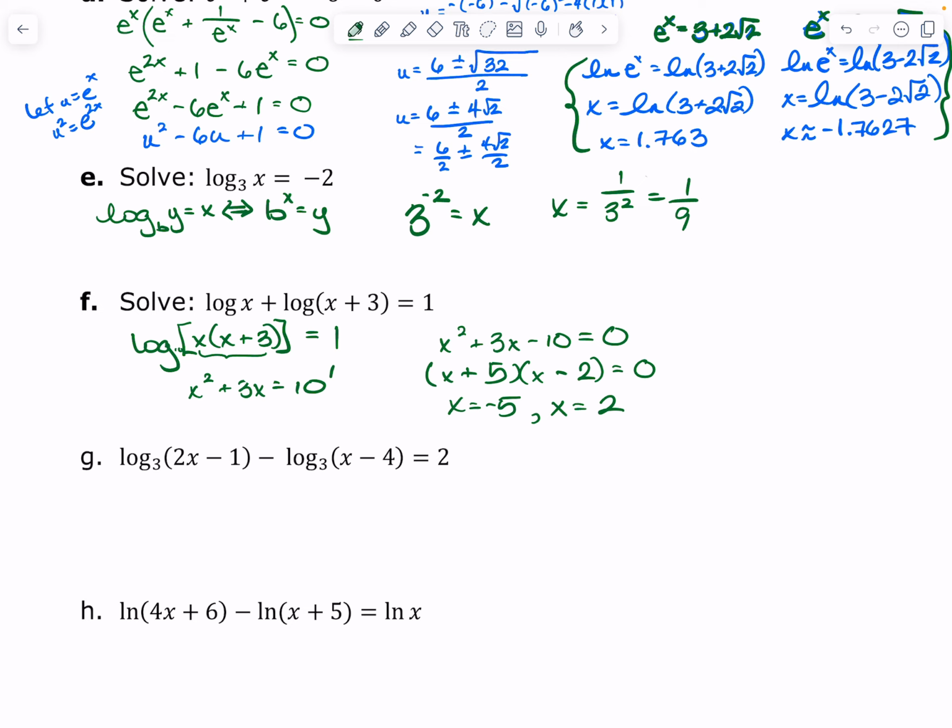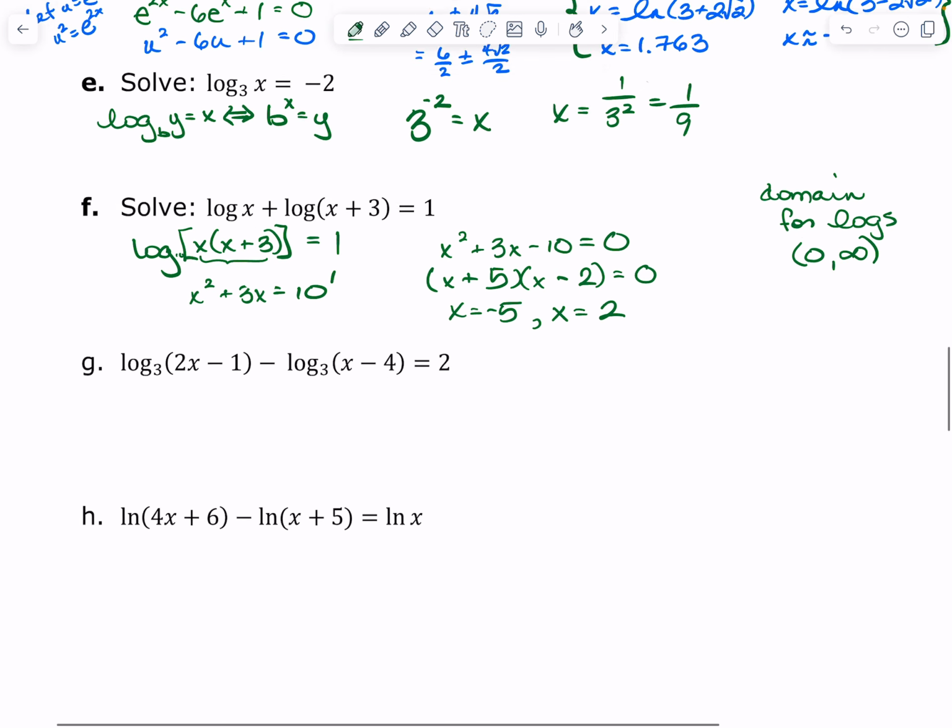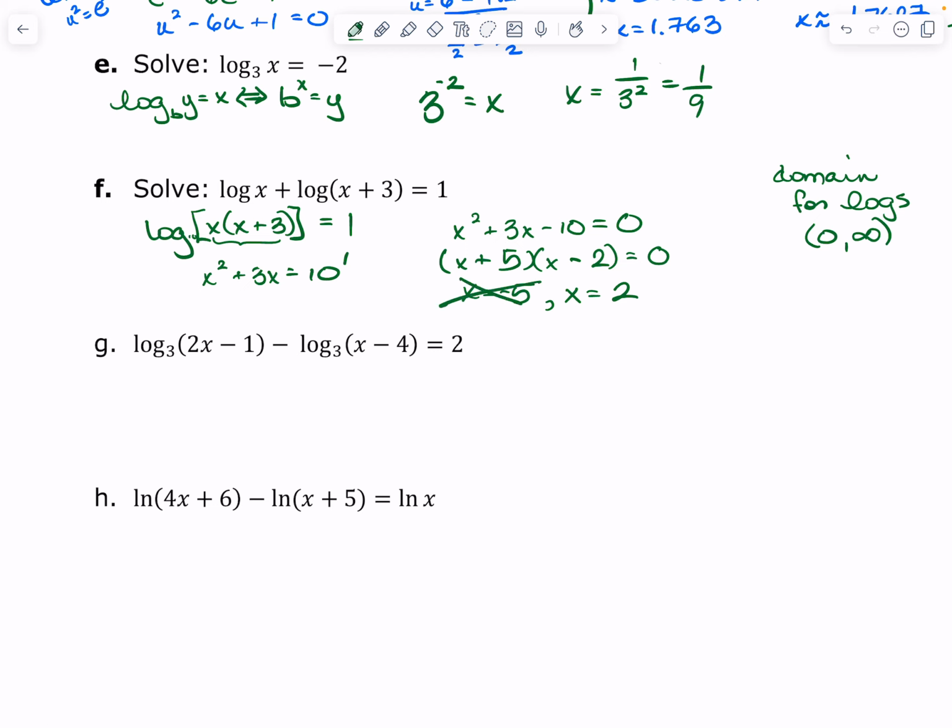The -5. The domain on log for any of the logarithmic functions is 0 to infinity. So that means this -5 doesn't work. X equals 2 is our only solution.